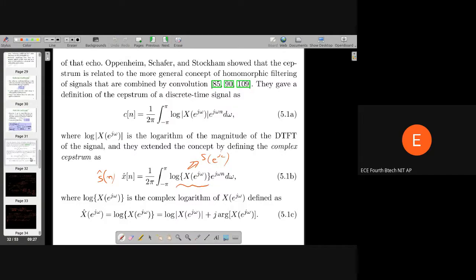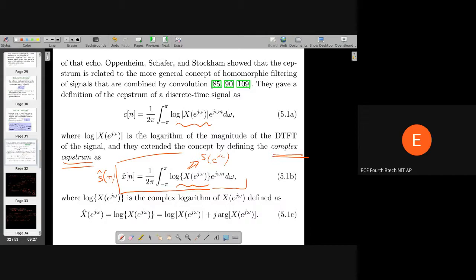So let's go back. What we are doing, just imagine this is S instead of X. So this is the complex Cepstrum. Instead, we could also take only the magnitude.